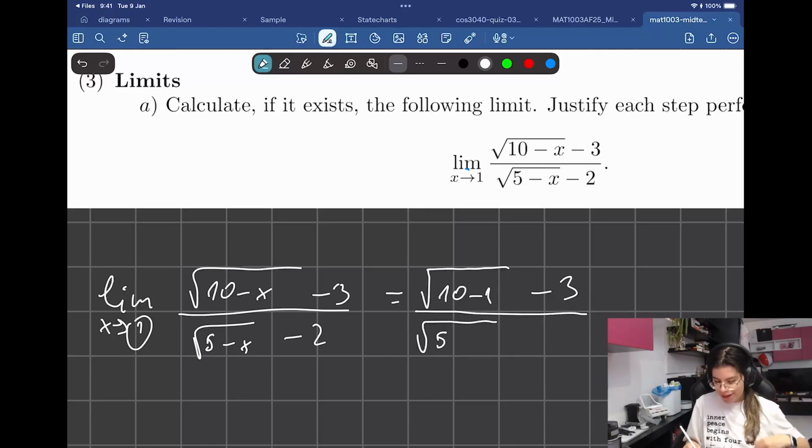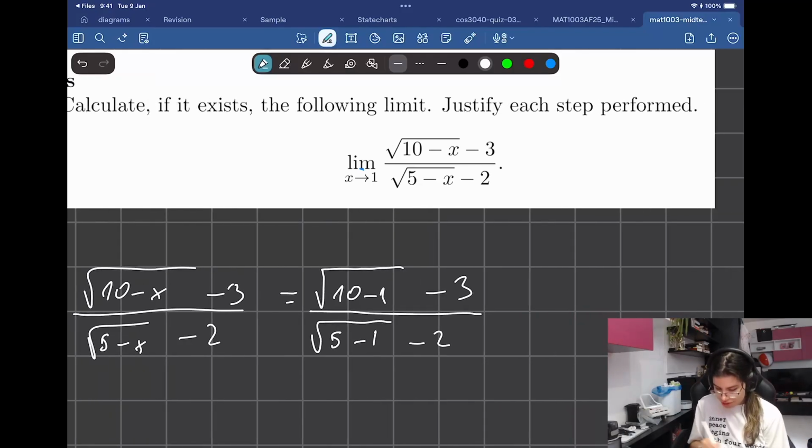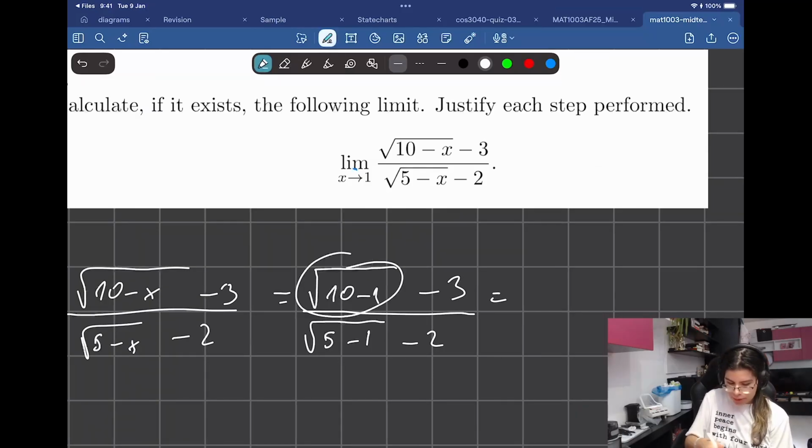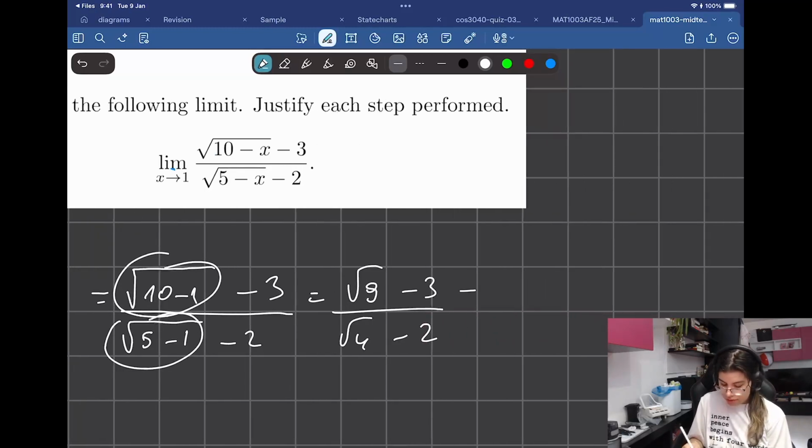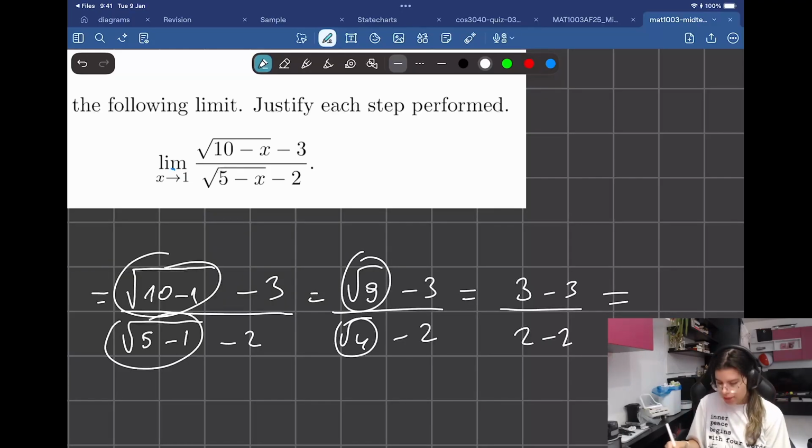X is 1, so 5 minus 1, minus 2. Then here I have square root of 9 minus 3 over square root of 4 minus 2. Square root of 9 is 3 minus 3 over square root of 4, which is 2 minus 2. And this gives us 0 over 0.